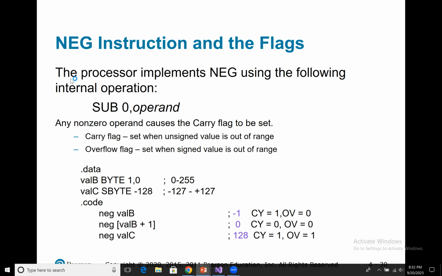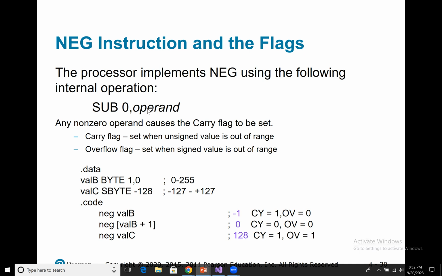The processor is going to implement negating. So negating, if the number is positive, it'll make it negative. If it's negative, it makes it positive. So what negate does is it takes the number that you have. So for example, if you have the number 10, it says, what is 10 taken from 0?